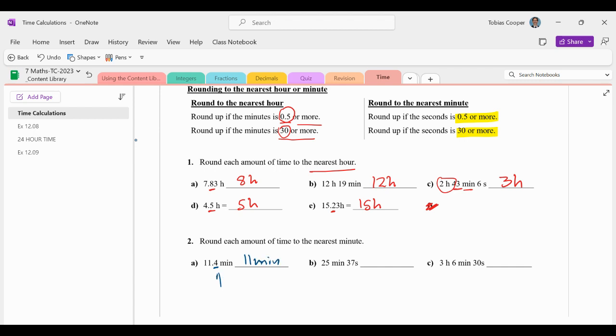Because this is not 0.5 or more, it's less than 0.5, so we round down. Here the seconds are 30 or more, so we're going to round up to 26 minutes. And here you can see to the nearest minute, this is 30, so the next minute up will be 7, so it'll be 3 hours and 7 minutes. Okay.